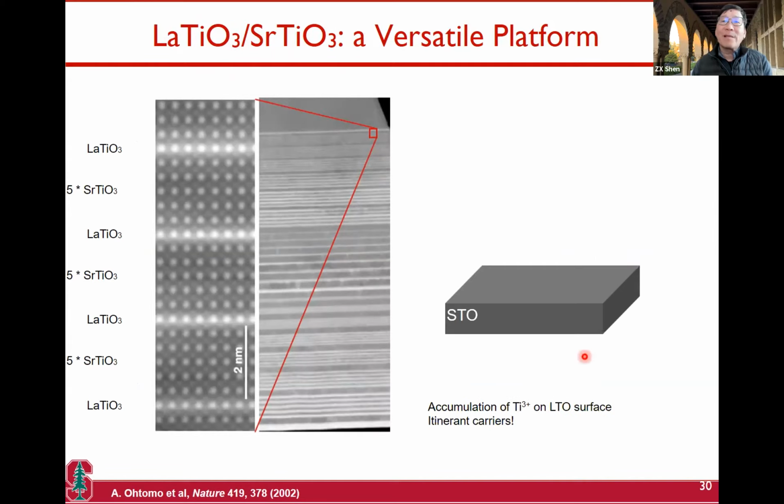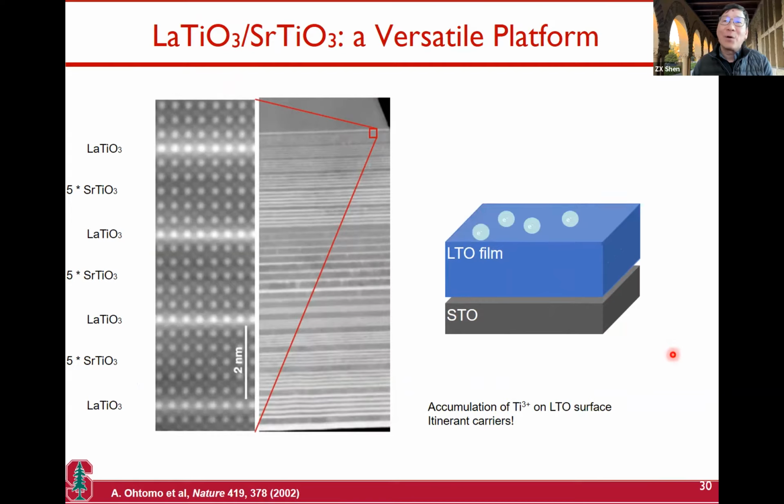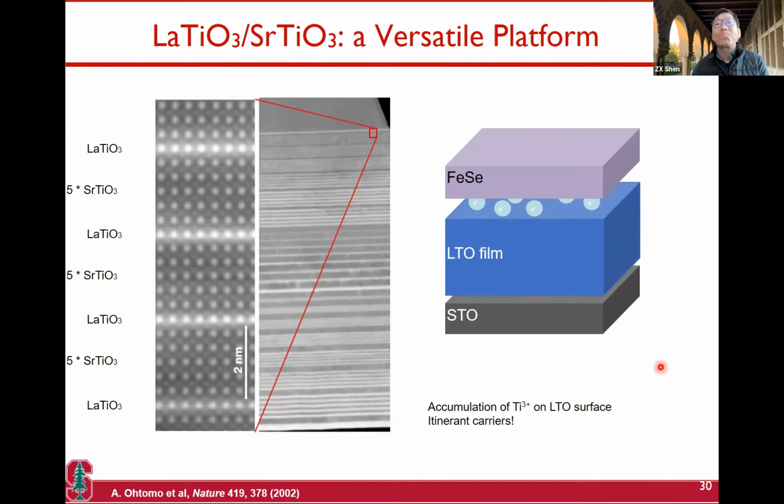What they say is that if we start with strontium titanate and grow different thicknesses of lanthanum titanate, you have a different amount of carriers, a charge reservoir to dope your film. This way you can dope the same film, but maintain the interface quality to be consistent. So that's what we did.